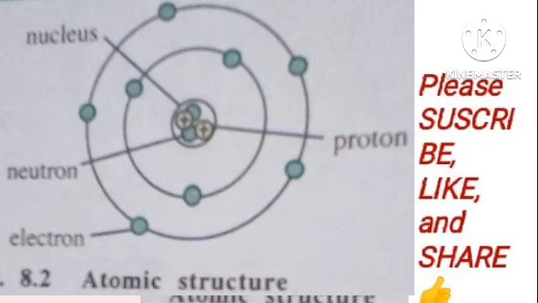The center circle contains a group of other circles, and those circles represent the nucleons. These nucleons consist of protons and neutrons. And then the other concentric circles outside this circle are called the electron clouds or the electron shells. That's the simplest way you can understand the atom.